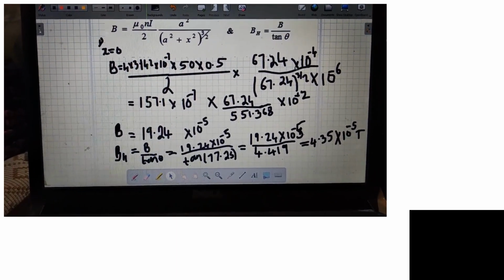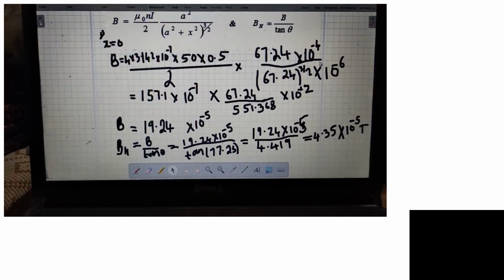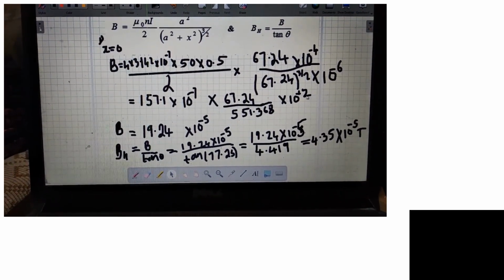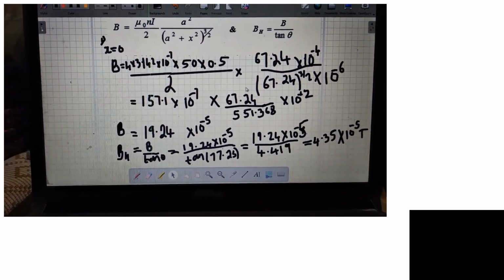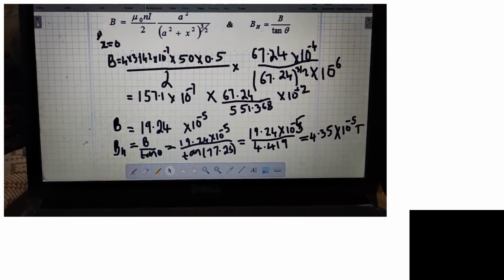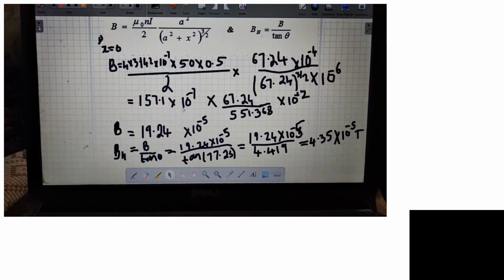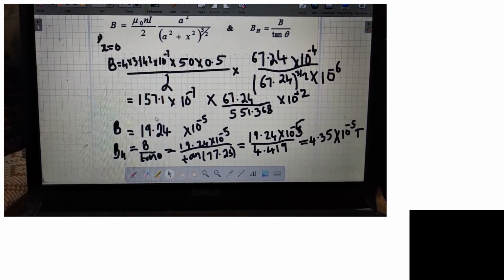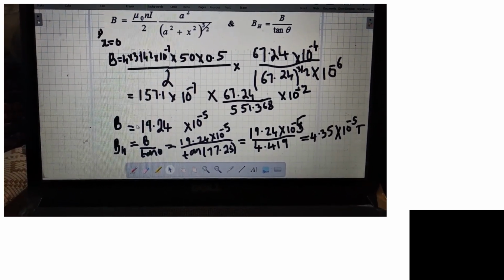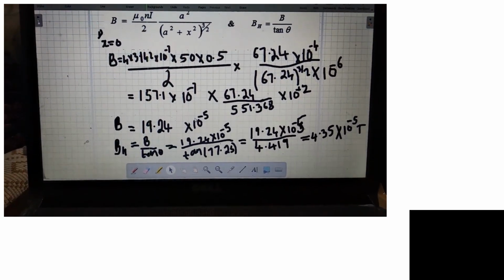And minus 4 plus 6 becomes plus 2. So here minus 7, here plus 2, both together 10 raised to minus 5. The calculated value is B equal to 19.24 into 10 to the power of minus 5 Tesla.